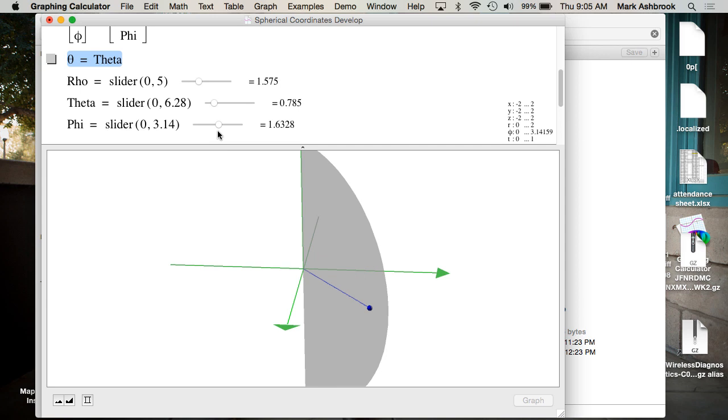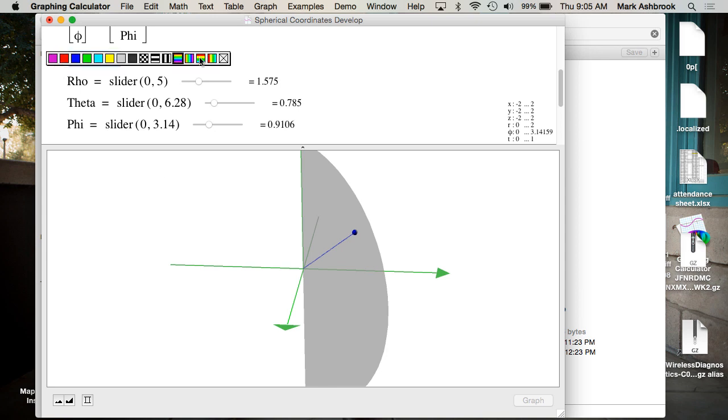An angle of pi over 2 is when, no matter what direction you're in, you're in the xy plane, or the horizontal plane, and then we end at pi, which is half of a rotation and takes you down to the negative z-axis. So that defines any point in space, with a distance from the origin, a theta this way, and a phi tipped down from the z-axis.